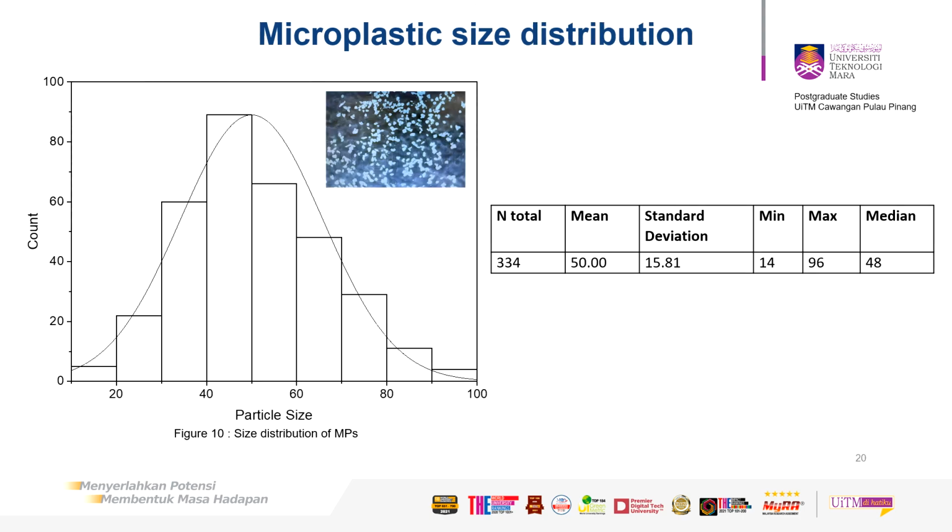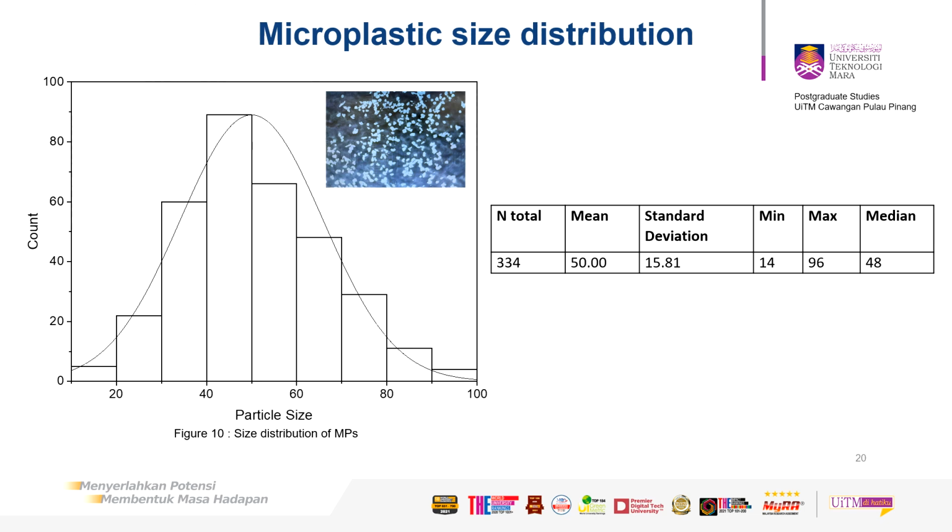Okay, this slide shows the microplastic size distribution. The size distribution analysis was carried out based on statistical parameters of the 334 dataset of individual measurements of PPMPs. Figure 10 shows the particle size distribution of the MPs with a normal distribution curve.